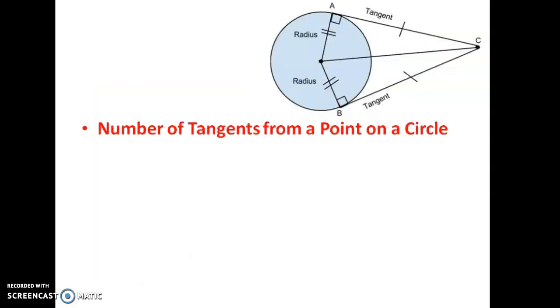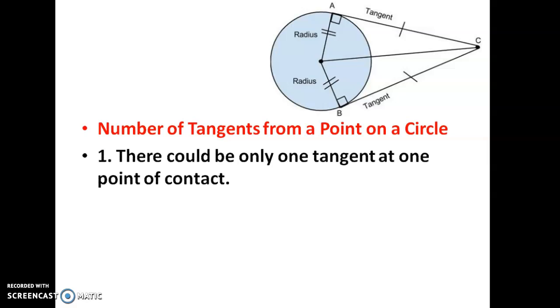Next one. Number of tangents from a point on a circle. There could be only one tangent at one point of contact. Suppose this is one point on the circle. At this point, only one tangent is possible.